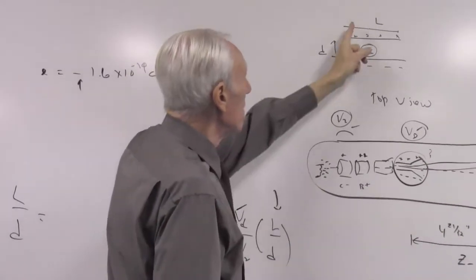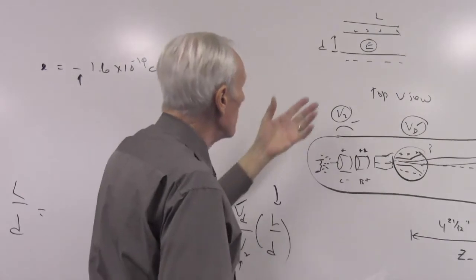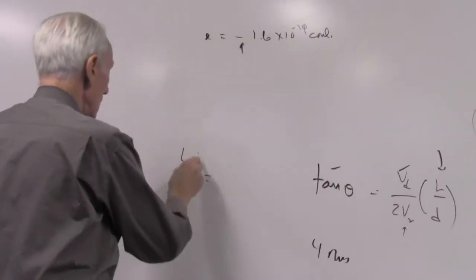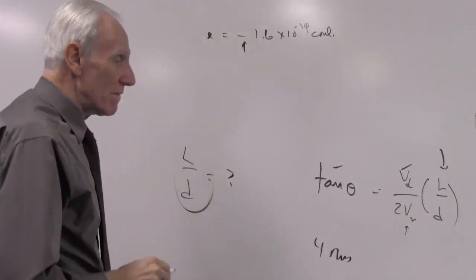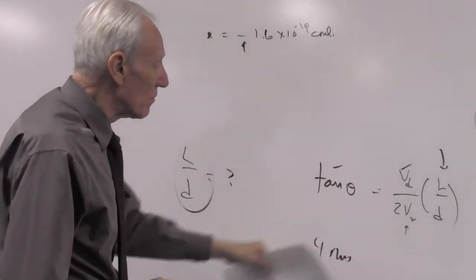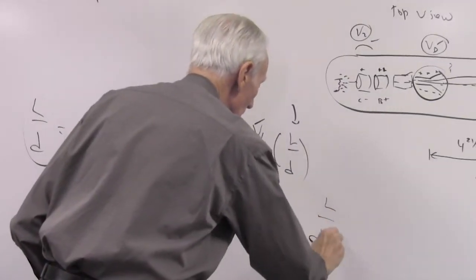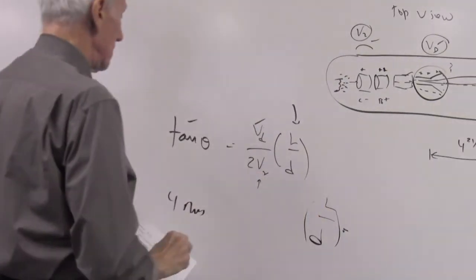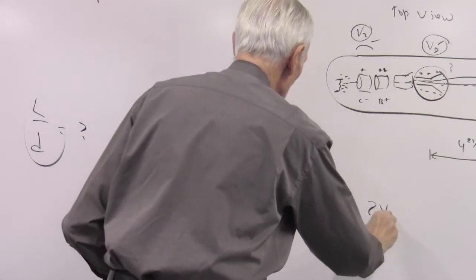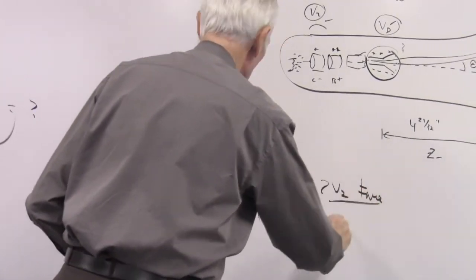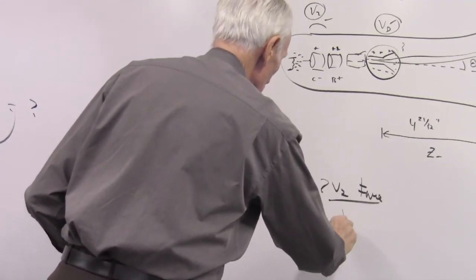It's the length divided by the separation distance between the plates, which we assume is constant. So this is what we're looking for. If we solve this equation for L over D, we get 2 V sub 2 times tangent theta over V sub D.